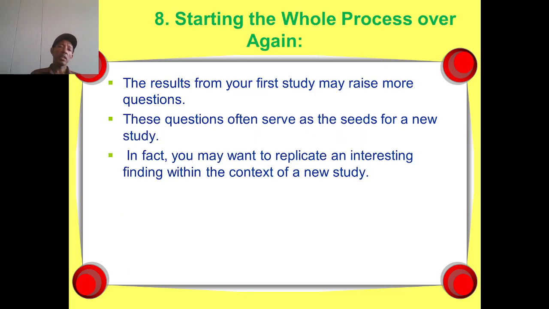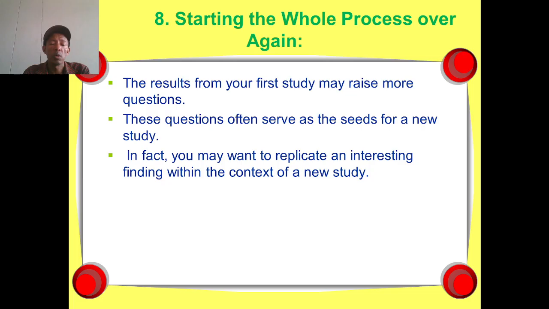The eighth one is starting the whole process again. After you have reported your results, after you have prepared the document, the thesis, the dissertation, the formal paper, that research result may raise certain questions that remain unanswered in that paper or in the previous empirical studies.